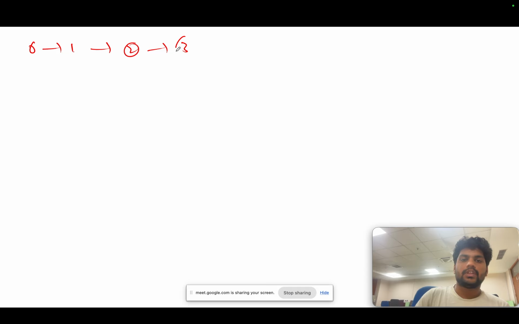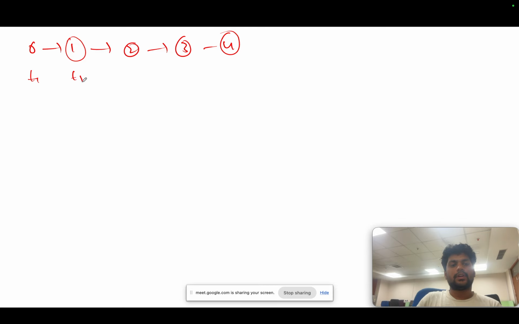Now suppose you are going from position 0 to 1, then 2, then 3, then 4 seconds. So it's like T1, T2, T3, T4, T5. Now the delta T is 1 here.